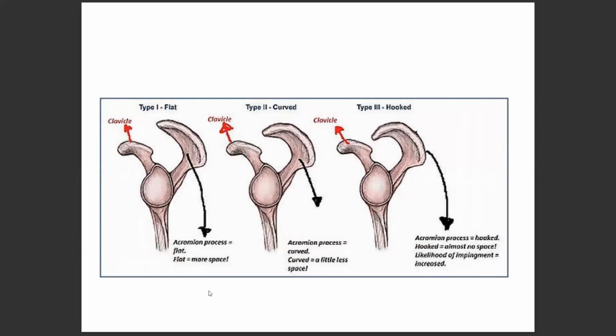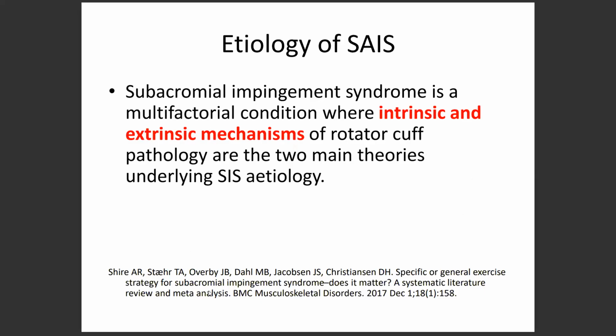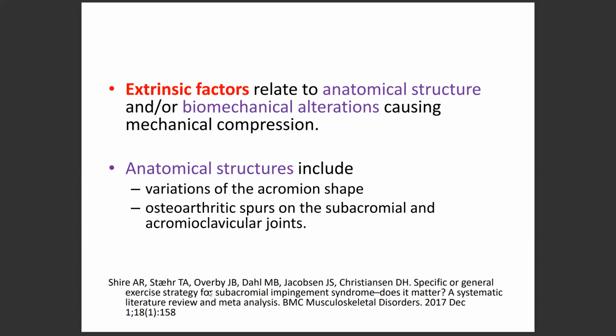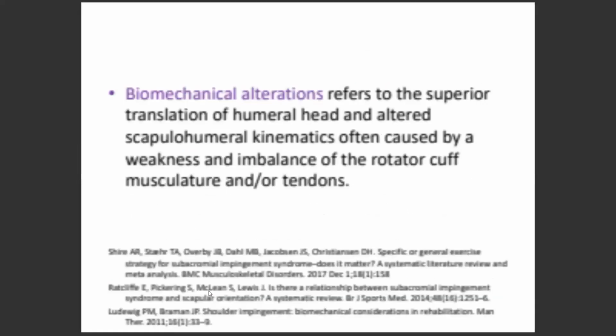Among these 3, type 3 has more chances of impingement syndrome. Other anatomical structures which may be extrinsic factors for this impingement syndrome are osteoarthritic spurs on the subacromial region as well as on the acromioclavicular joint.